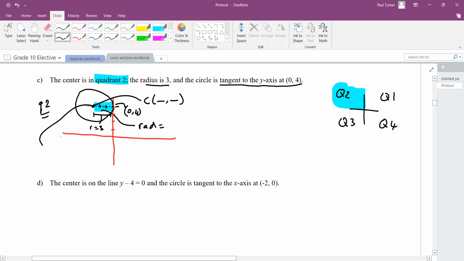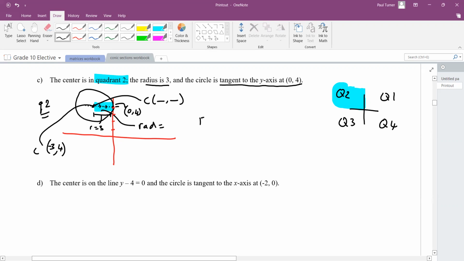So we come across 3 units, and then we go up 4 units because this point is 0, 4. So that center must be, sorry, -3, 4. Don't forget we're in this negative quadrant for x. So this will be the center here, and the radius we can see is going to be 3.